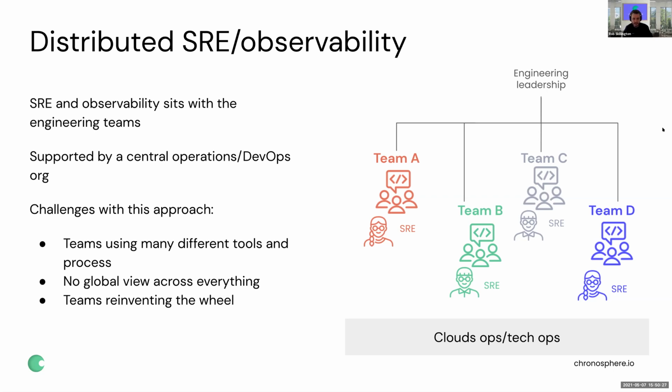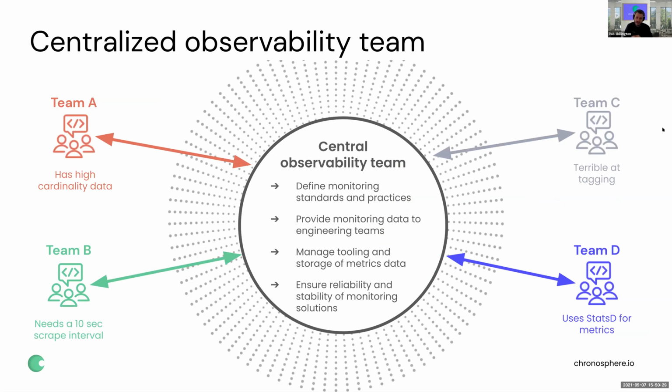And then, of course, there's the centralized observability model, which I'm a huge advocate of. This central observability team is usually a subset of the SRE organization or similar. They define monitoring standards and practices as one unit.